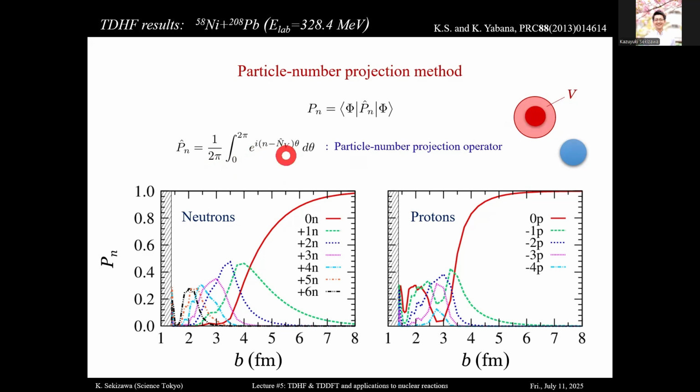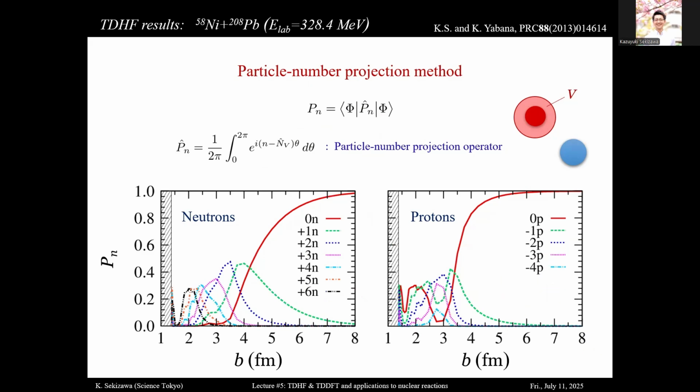If the expectation value of n hat equals small n, then this operator becomes unity. In such a way, by operating this operator on the wave function, we can calculate the probability for nucleon transfer. I showed the time evolution of the density, but actually wave functions are exchanged in a complicated way. By using the particle number projection method, we can extract these transfer probabilities.